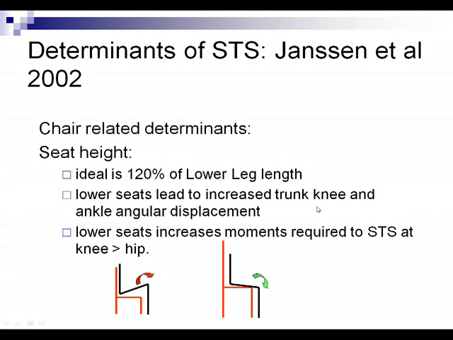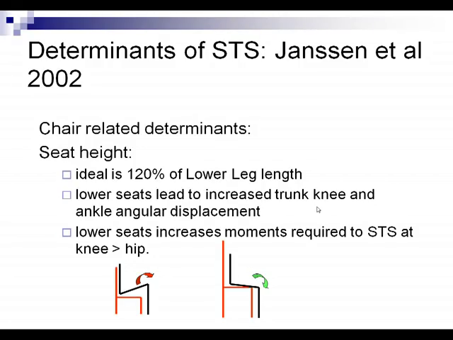If we look at some other chair-related determinants, a really big factor is the height of the chair. Now, when we're talking about the height of the chair, you really should measure the height, taking into account the deformation of the cushion or the surface of the chair. So you'll actually find that clinicians measure the height of a chair with the person sitting in the chair.